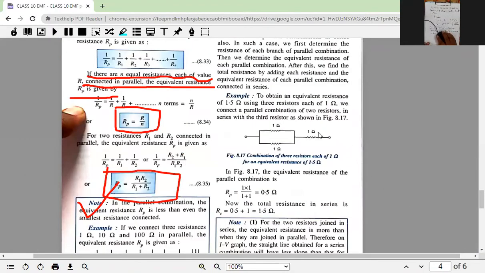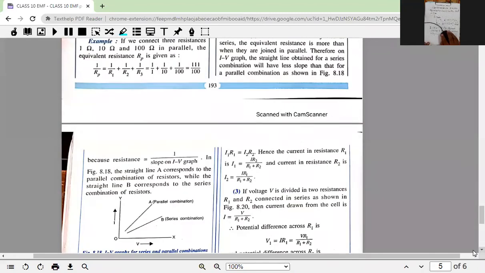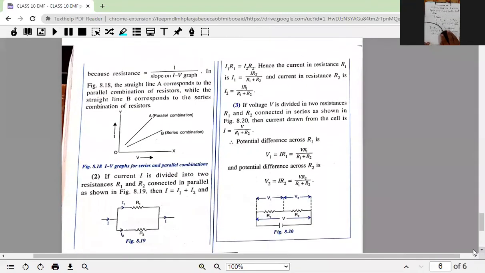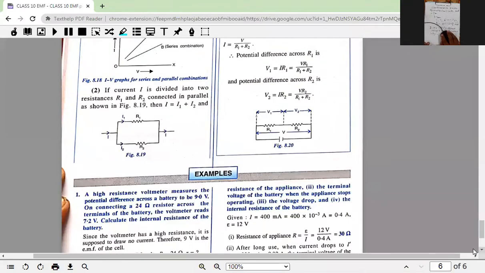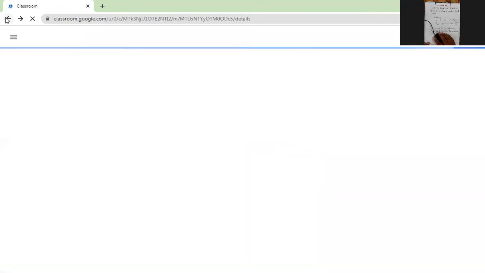Now, combination of resistors in series and parallel. Today we will do the questions. Okay, so now I'm going to do the questions. All of you open your book.